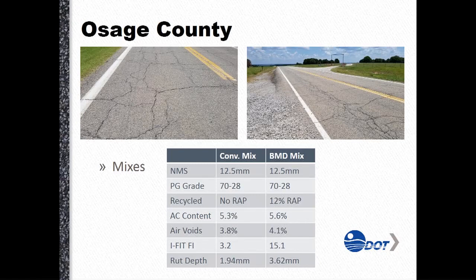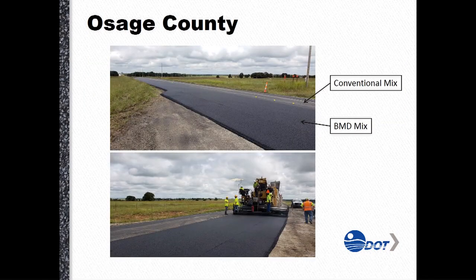IFIT level, you can see the 8 is the threshold. We're looking for 8 or more. So conventional mix doesn't make it. The BMD mix does quite well. And then the rut depths, they're about the same. You can see the BMD mix is a little bit higher, which is expected. Conventional mix lying right next to the balanced mix design, and that's some placement.